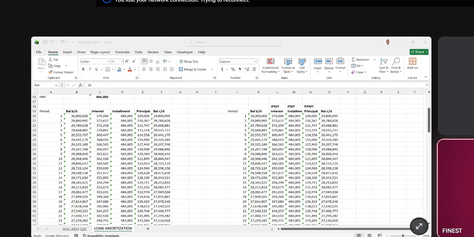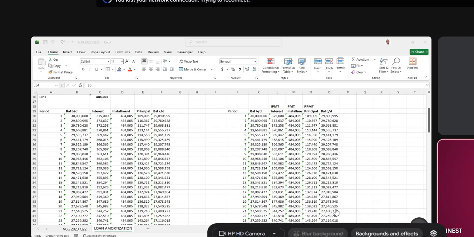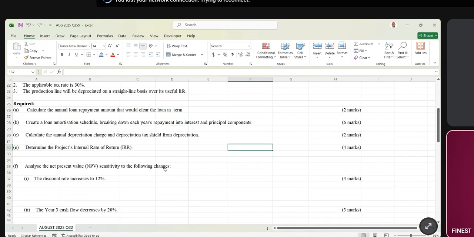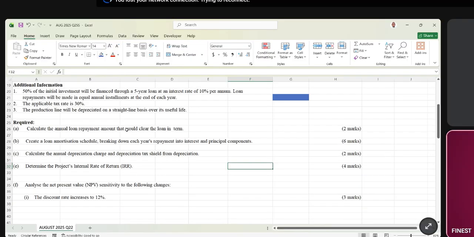The question I'm trying to open here, I've shared with you on WhatsApp. Calculate the loan repayment amount that will clear the loan in term. Create a loan amortization schedule, breaking down each year's repayment into interest and principal components.